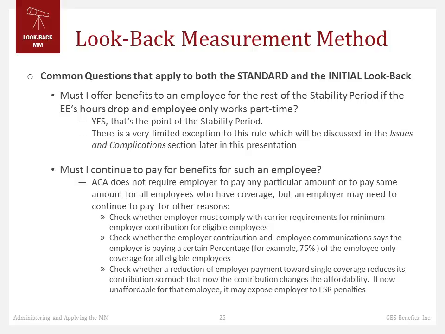And then finally, check whether reducing the payment that you make toward the coverage for that employee remains affordable, because you are still on the hook for affordability, which we talk about in our 4 steps to compliance, another seminar. If you reduce your contribution enough that it makes it unaffordable, then you are still going to be exposed to employer shared responsibility penalties.